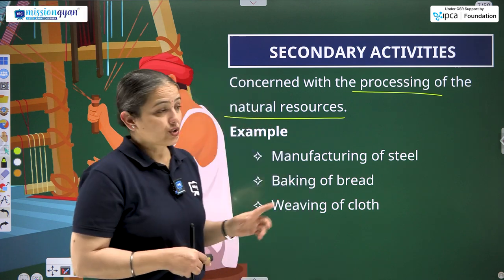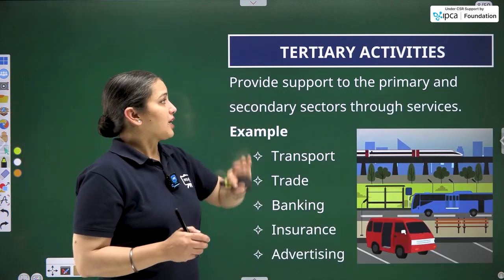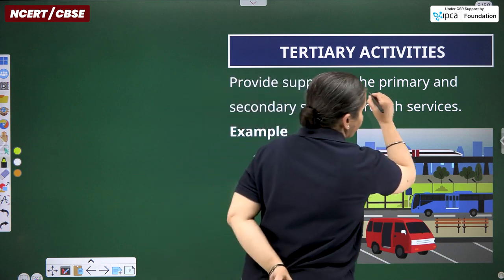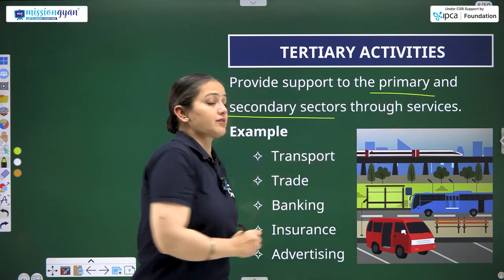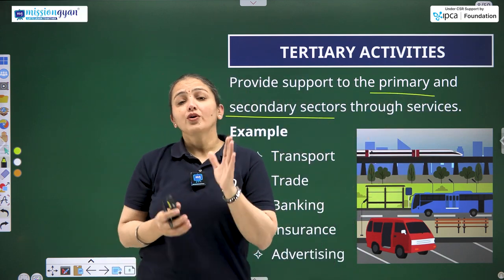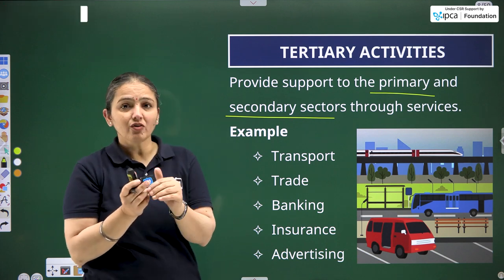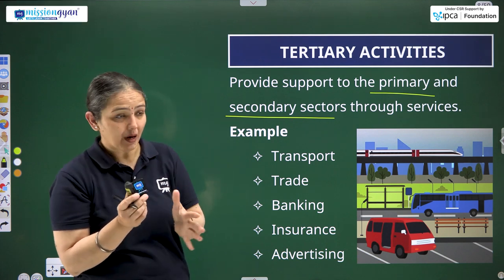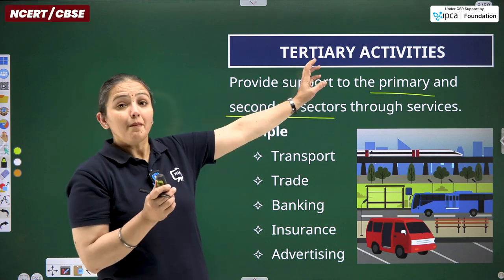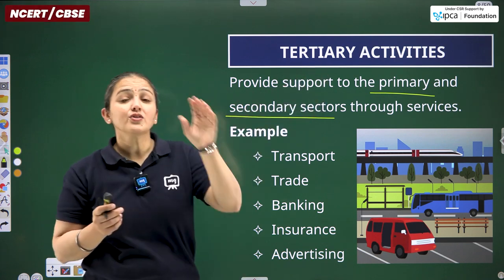Finally, talking about the tertiary activities. Tertiary activities provide support to the primary and secondary sectors. How so? Because the primary sector provides the raw material to the secondary, and the secondary provides the finished goods for the selling part to the tertiary activities. But how is tertiary supporting?